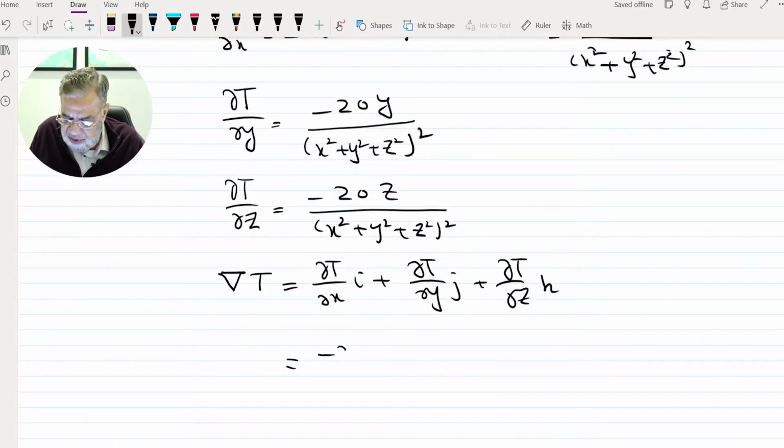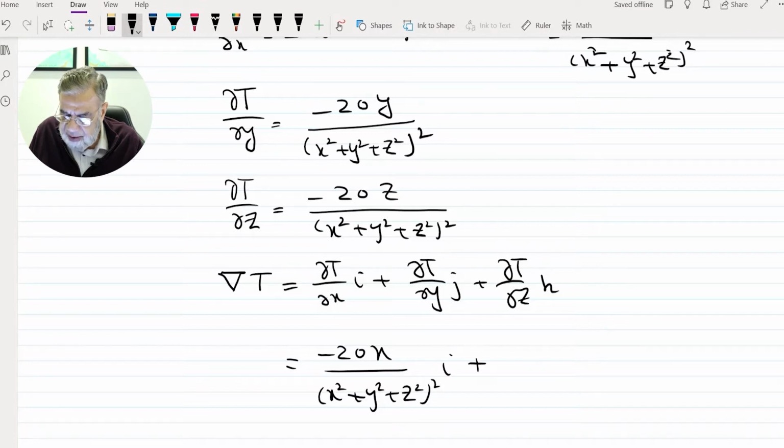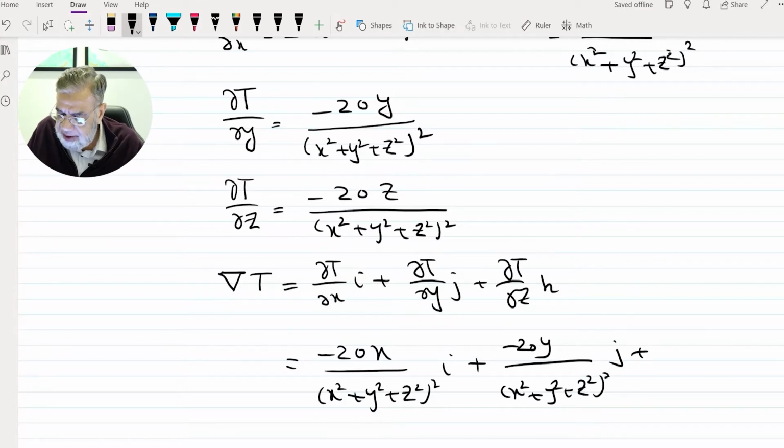This is equal to minus 20x over (x squared plus y squared plus z squared) whole squared i, minus 20y over (x squared plus y squared plus z squared) whole squared j, plus minus 20z over (x squared plus y squared plus z squared) whole squared k.